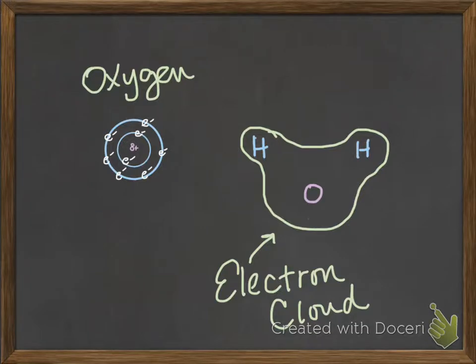The funny thing is, we've been talking about atoms a lot, but we haven't really talked about what they look like when they're bonded to one another. So here we've got a very bad drawing of a compound that contains one oxygen atom and two hydrogen atoms. You're pretty familiar with this compound. It's water.